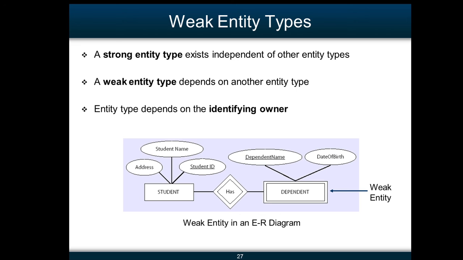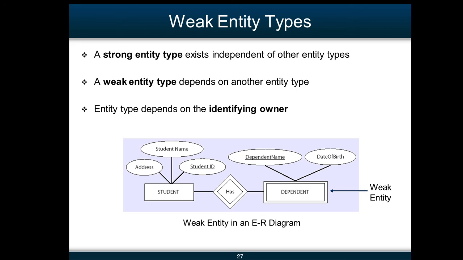Dependent is an example of a weak entity, because it depends on the student entity; its existence depends on the existence of the student entity. While the student is independent, so it is a strong entity. Even without the dependent entity, the student entity will exist.